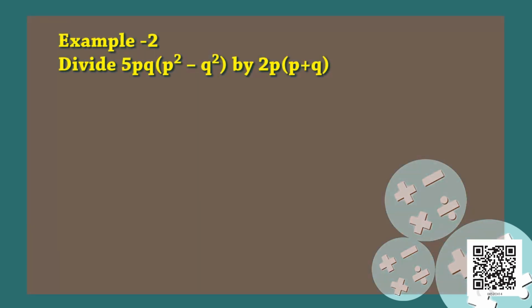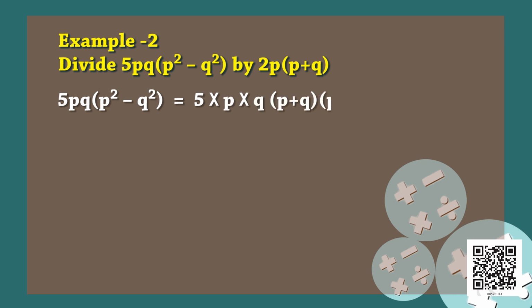Example 2. Divide 5pq into p square minus q square by 2p into p plus q. First, look at 5pq into p square minus q square, which is equal to 5 into p into q into p square minus q square. We know from the third identity that p square minus q square can be written as p plus q into p minus q.